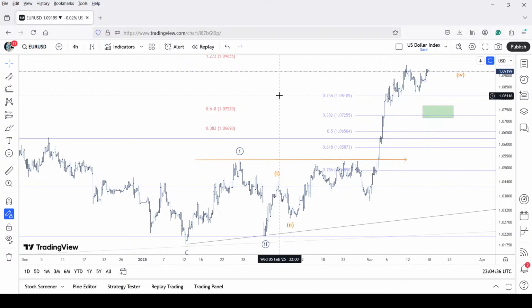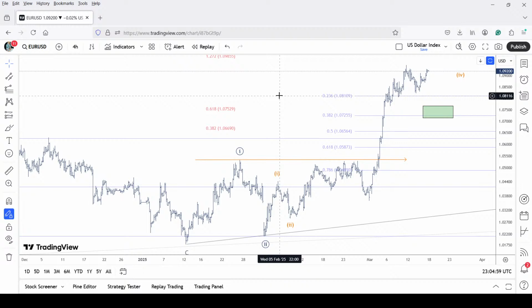It's a partial booking recommendation, and continue to hold at least a few long positions on your table. All right. Okay, so that's the story for Euro USD.